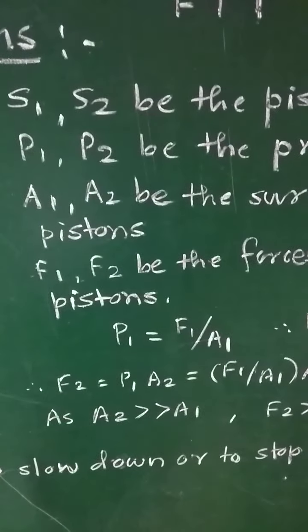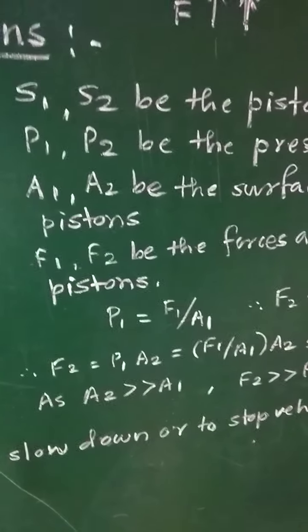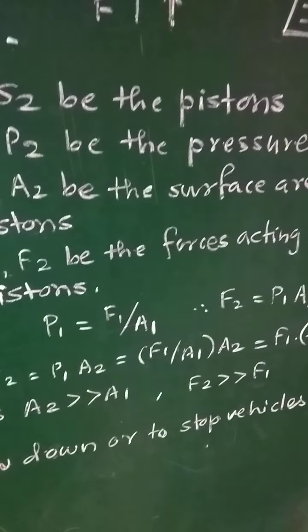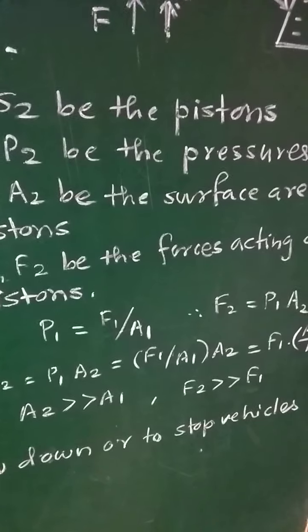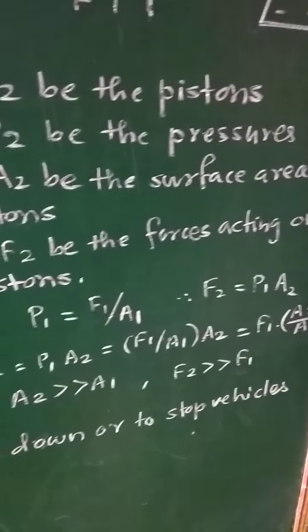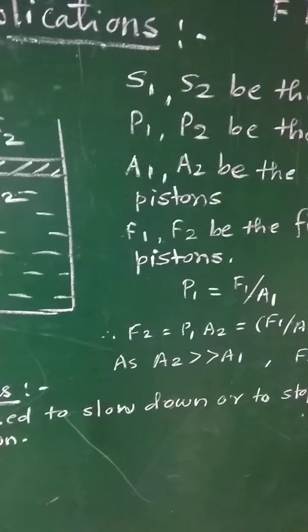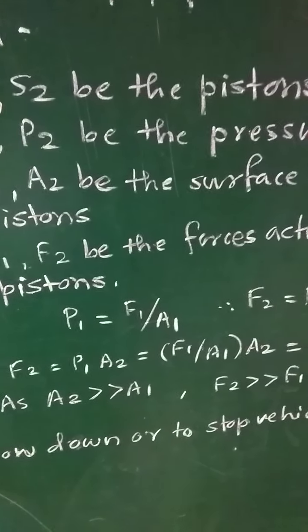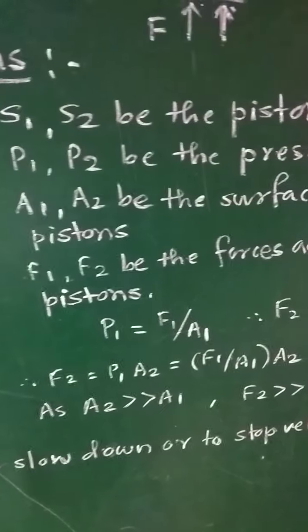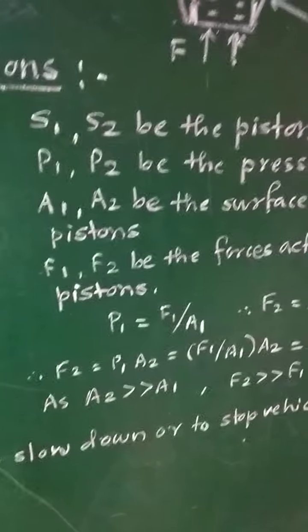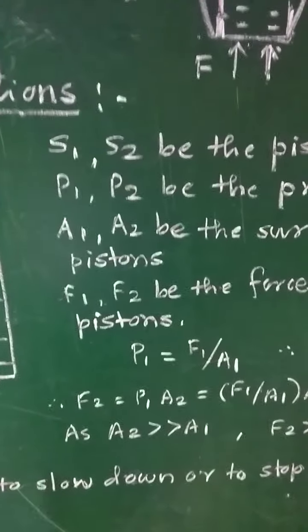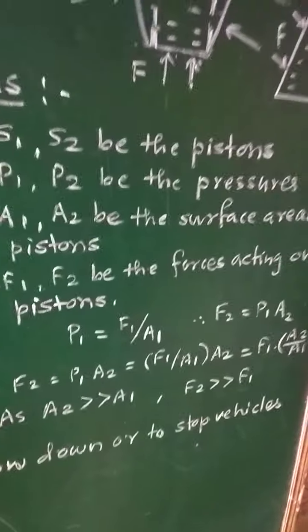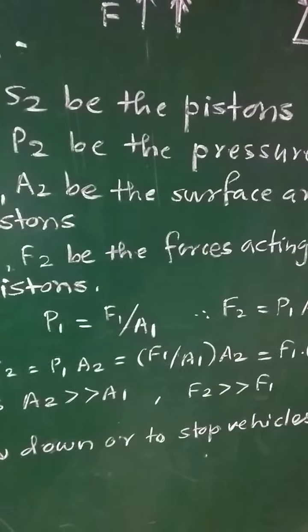But here in this case, as A2 is very large as compared with A1, F2 will be very large as compared with F1, and hence the piston S2 will be pushed in the upward direction with this very large force.